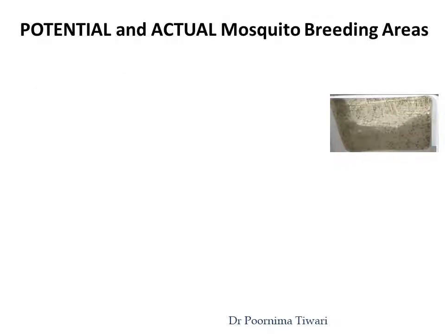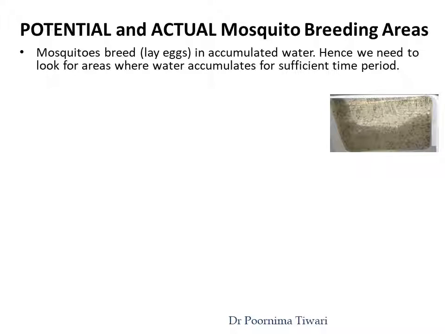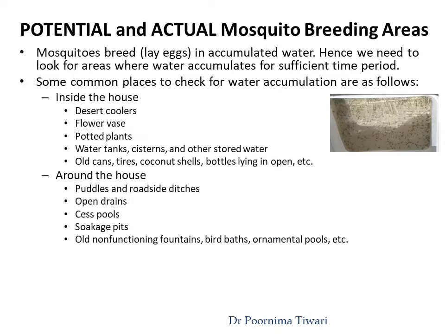Deciding whether potential or actual mosquito breeding sites are present or not. You know that mosquitoes lay eggs in accumulated water. Hence, we need to look for areas where water has accumulated for a sufficient time period. So, what are these places? Inside the house, there can be desert coolers, flower vases, potted plants, water tanks, cisterns, old cans, tires, coconut shells, bottles, etc., which are lying in the open, and water accumulates in them whenever it rains or water is thrown.